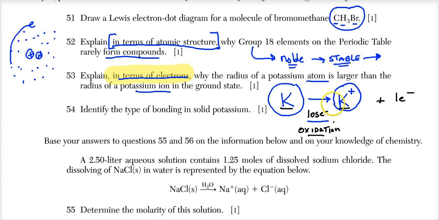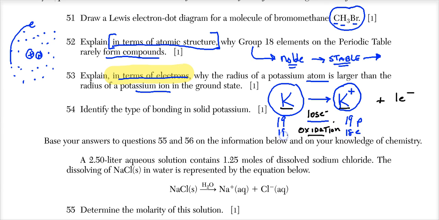And I always tell my students, remember this. If you lose weight, you get smaller. If you gain weight, you get bigger. Now, the idea behind this: if you have one less electron than the protons, the protons are going to pull you in. So this is atomic number 19. This is atomic number 19. This is 19 protons and 19 electrons. This is 19 protons and 18 electrons, right?